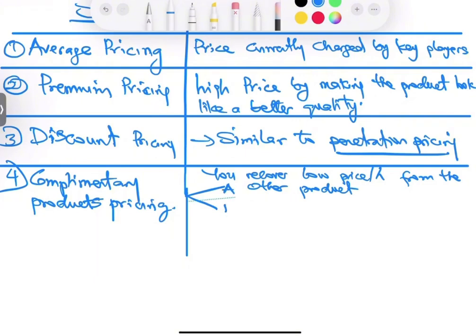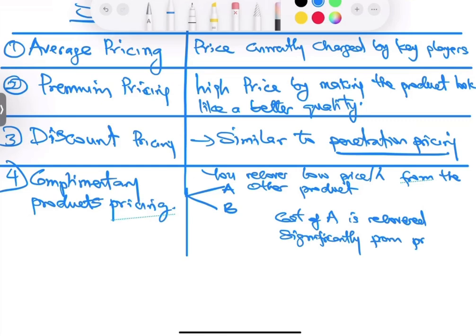So if you have A and B and they are complementary, A and B must be bought together. What we're saying is that the cost of A is recovered significantly from the price of B.